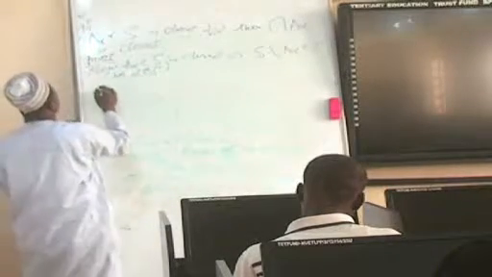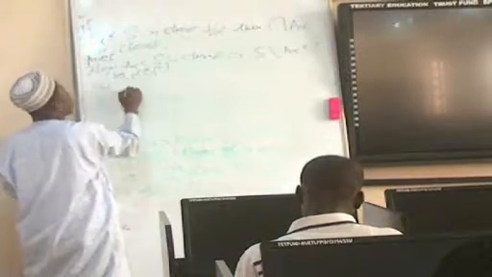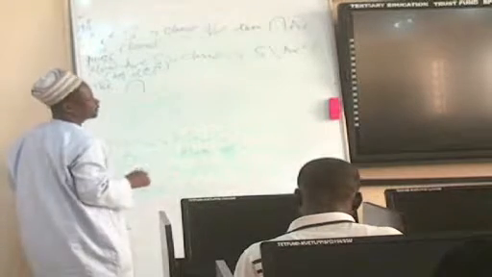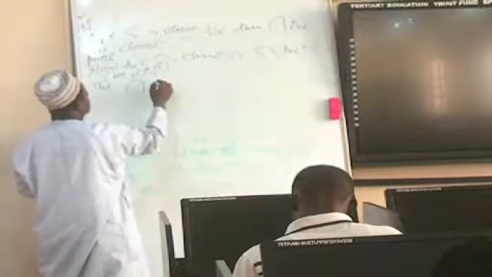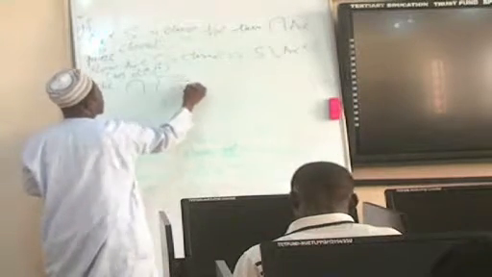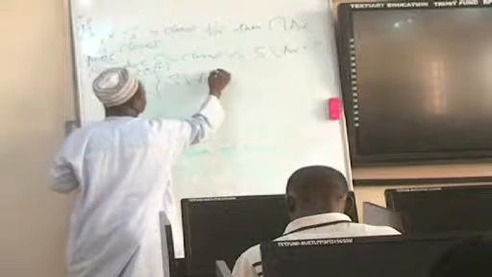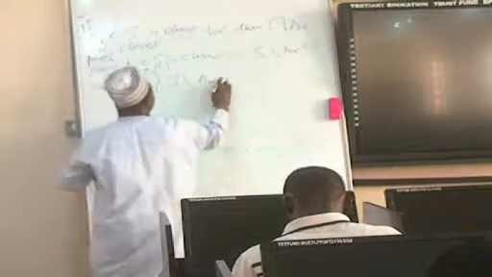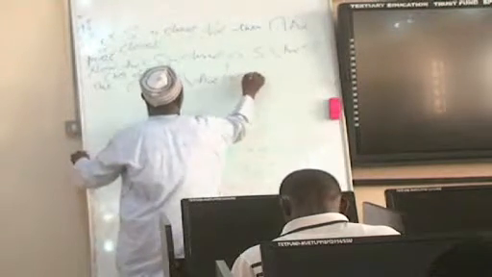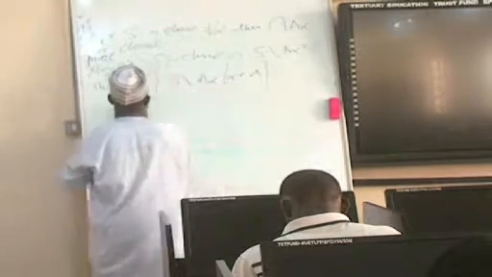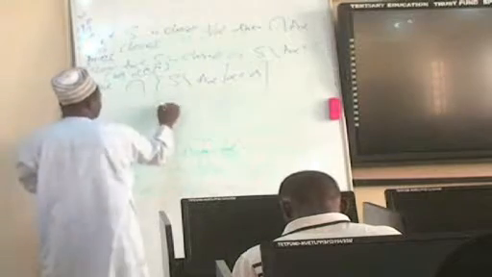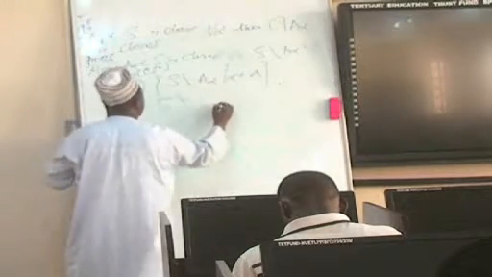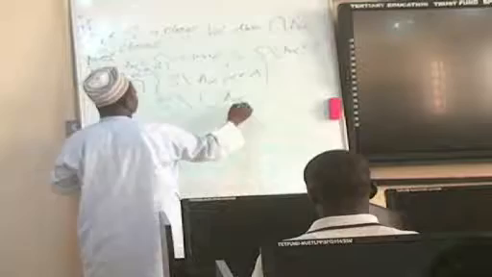Now, what of the intersection? The intersection of S minus A alpha, where alpha is in an indexing set, is the same as S minus the union of A alpha.